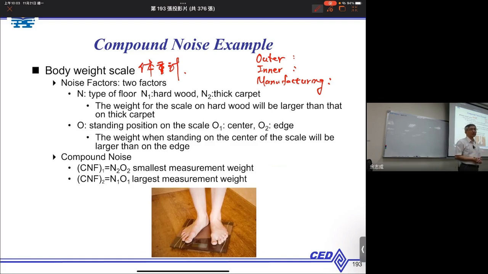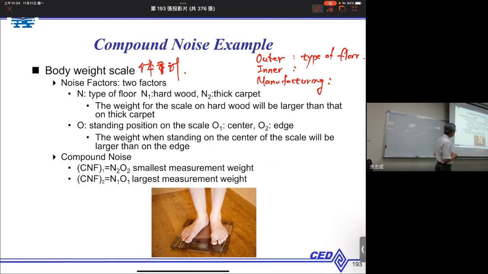Yes, outer. Because this is not related to the product itself. It's related to the outside of the product. And here, different types of floor are one of the application environments. Therefore, type of floor is a noise factor which belongs to outer noise factors.